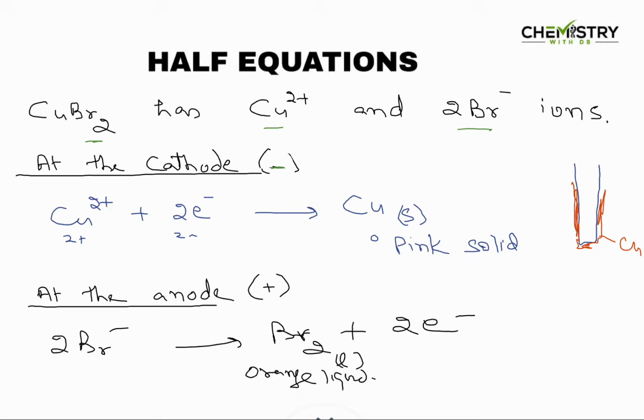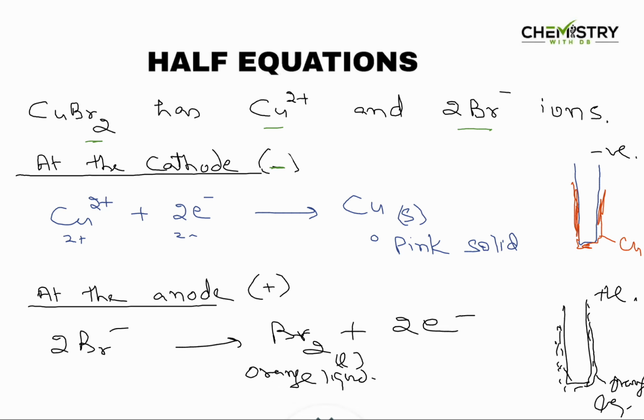So this is what happens at the negative electrode, and at the positive electrode you will see some orange colored liquid over here, which is bromine. So this is how you can explain this in terms of half equations also.